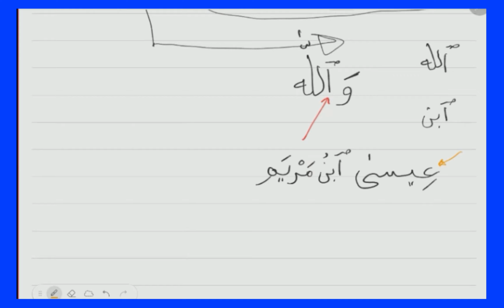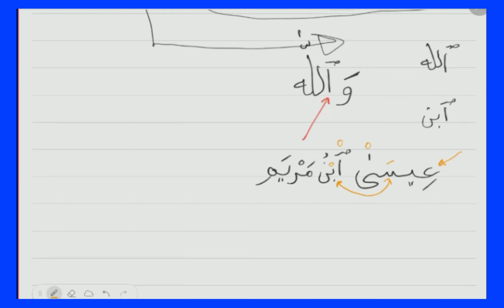Isa, and then the next word is ibn. But in this case, I'm going to go from the sin directly to the ba. Isa ibn Maryam. Sin with fatha.